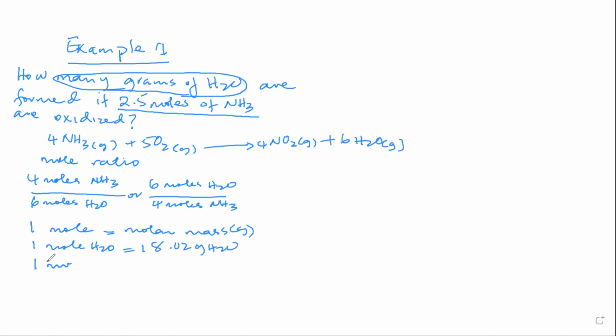So we also need 18.02 grams of water over 1 mole of water, or the inverse.